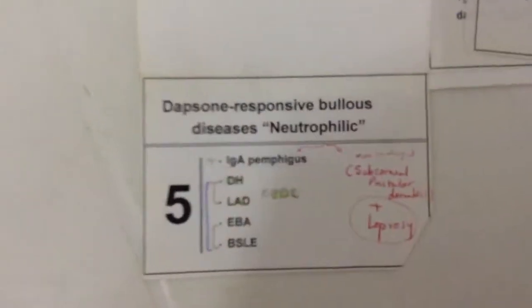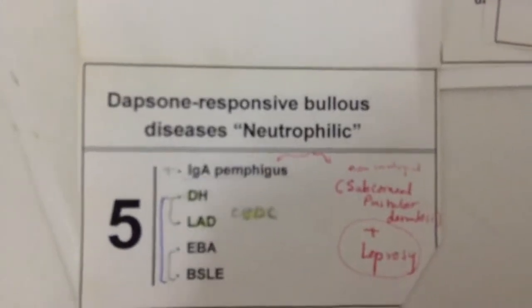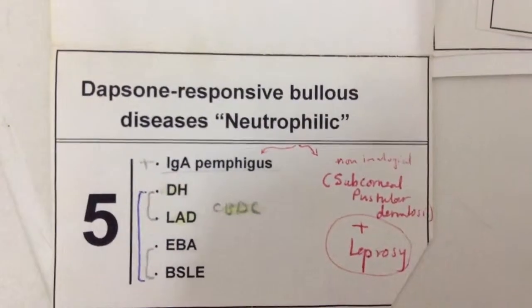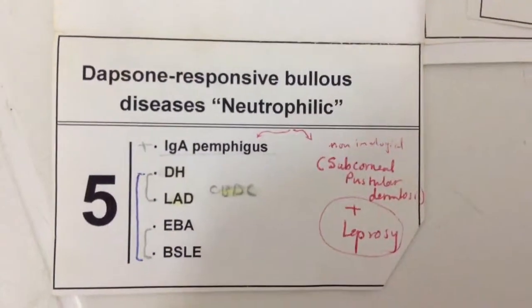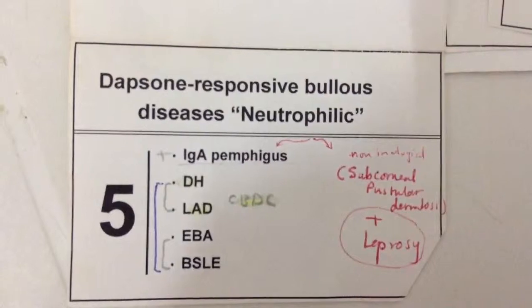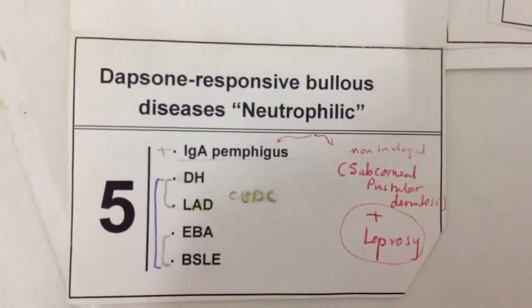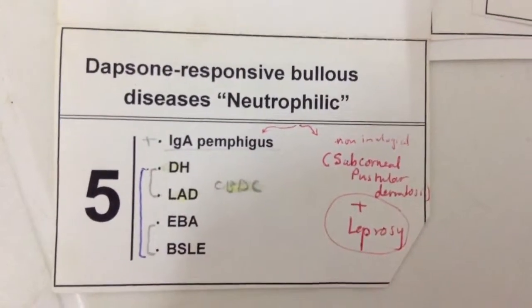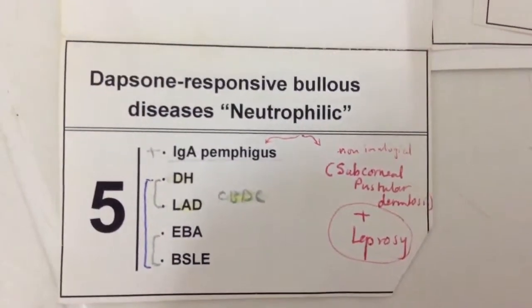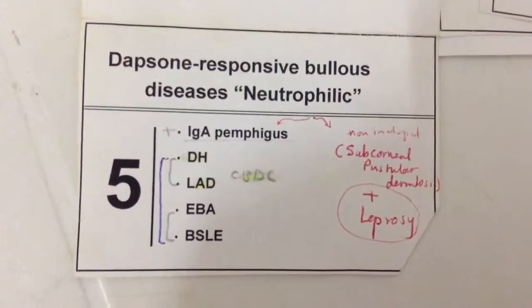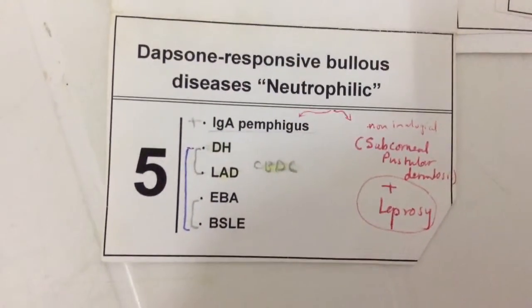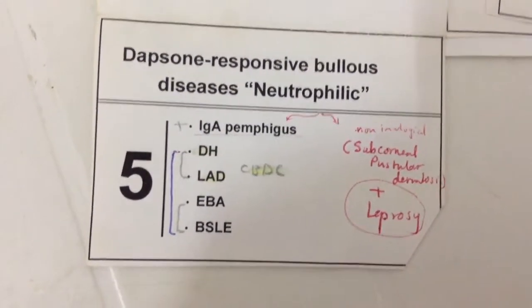Here there is a comment: dapsone responsive bullous diseases. The diseases we give dapsone for in dermatology are epidermolysis bullosa acquisita, bullous systemic lupus erythematosus, immunoglobulin A pemphigus, DH, linear IgA and chronic bullous disease of childhood, and we also give it in subcorneal pustular dermatosis and another disease, not bullous, which is leprosy. These are the dapsone responsive bullous dermatoses. And here we end the bullous diseases.